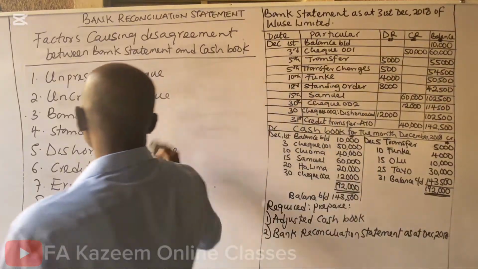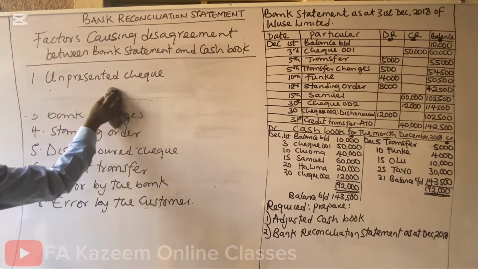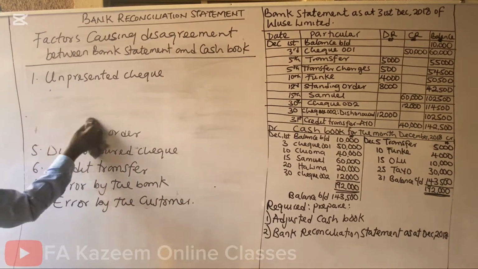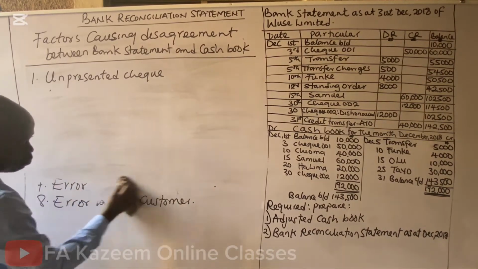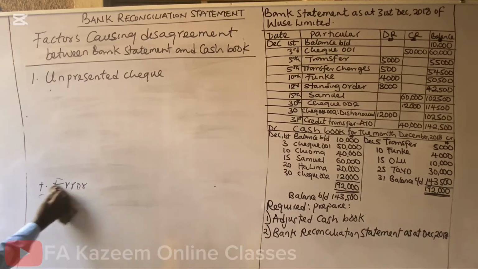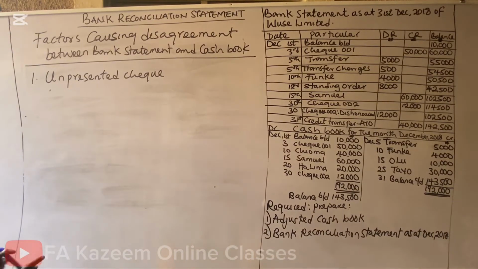How can each of these factors create disagreement between the bank statement and the cash book? For instance, let's start with unpresented check. How can this unpresented check lead to disagreement between the bank statement and the cash book?